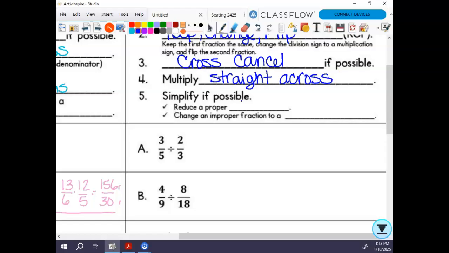We reduce a proper fraction, and then this is the controversial part here. Change an improper fraction to a mixed number. Okay, so there's the actual listing out of steps, which might actually help some people, but we'll see.